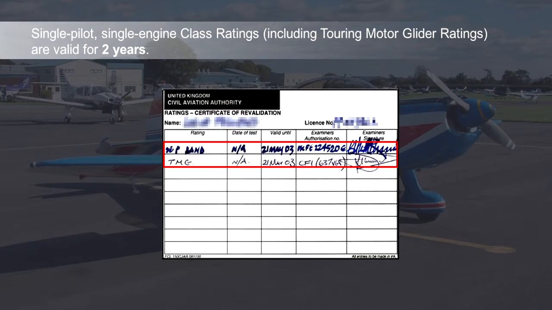For instance, single-pilot, single-engine piston class ratings, including touring motor glider ratings, are valid for 2 years.